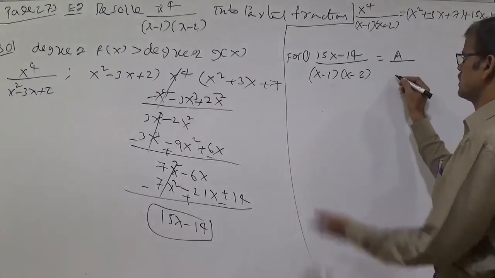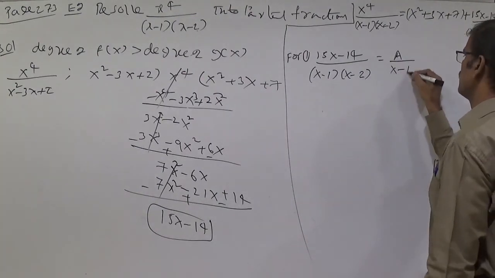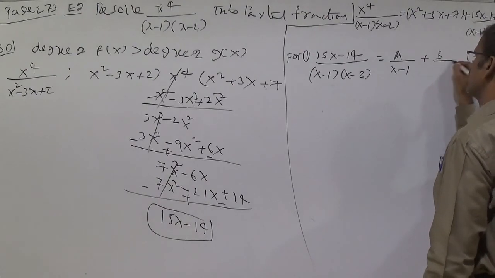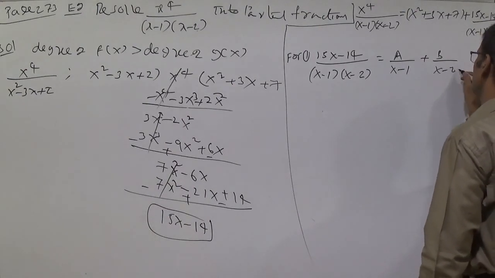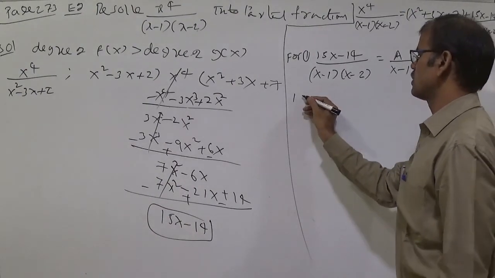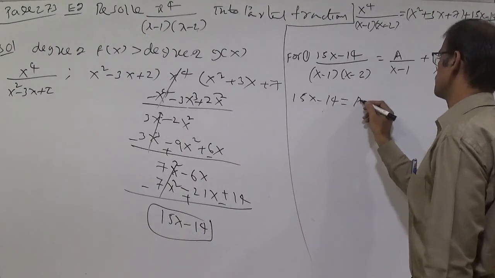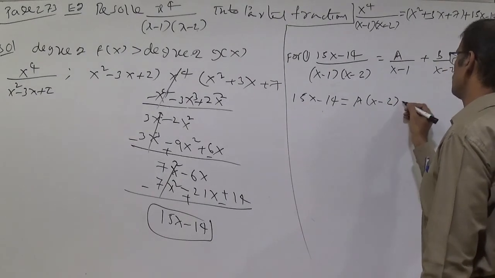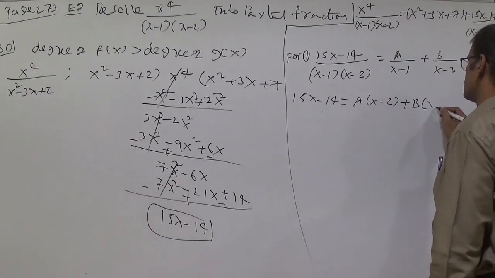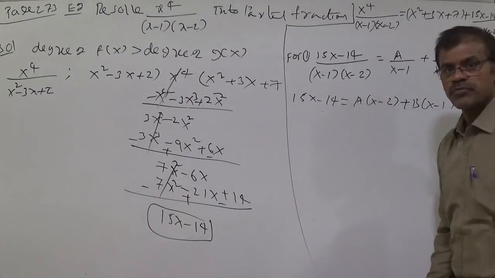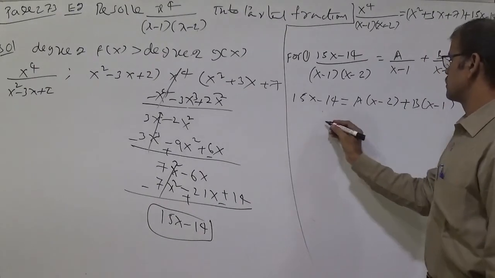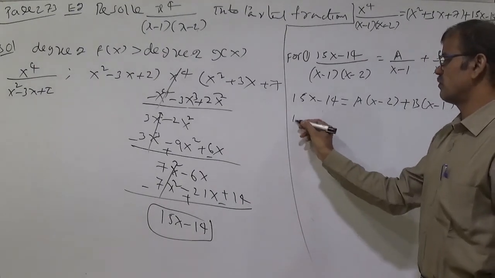you can say, by the simple factors method, a by x minus 1 plus b by x minus 2. So you can write 15x minus 14 is equal to a into x minus 2 plus b into x minus 1. Using x is equal to 2 and x is equal to 1 we will get the values.